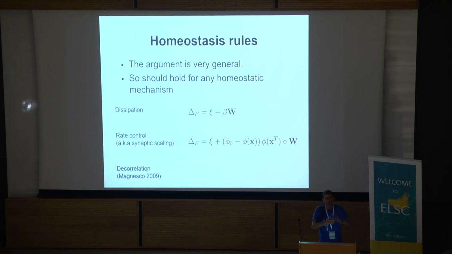But if you want to make things less like a population spike of a culture and more like cortical desynchronized activity, then you can just put decorrelation as your homeostatic mechanism. And again, this can be done by just having a term which is a correlation term, basically.